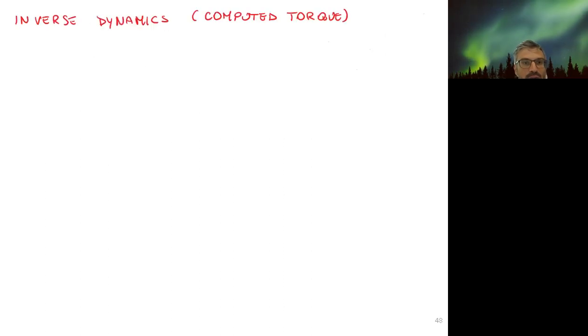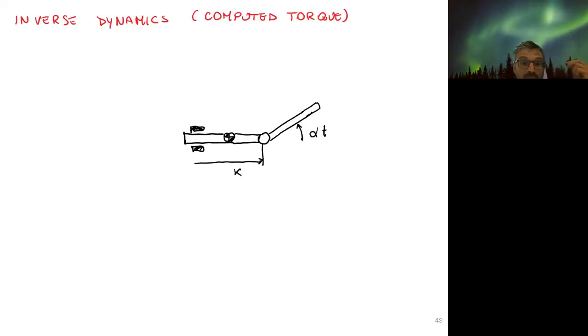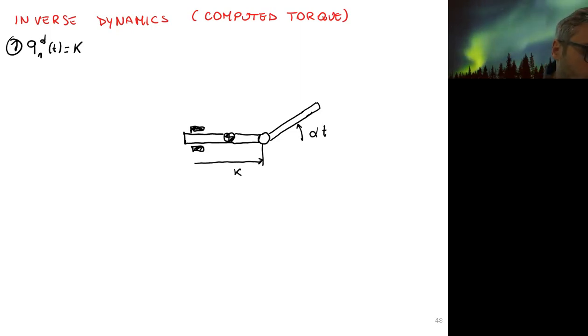Now, if we want to do the inverse dynamics or computed torque for this kind of robot, let's say this time we want to define a constant position for the first joint. So we have Q1 equal to K, a constant, then the velocity will be identically 0 and the acceleration will be 0.